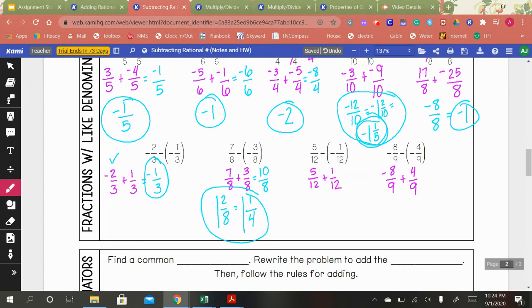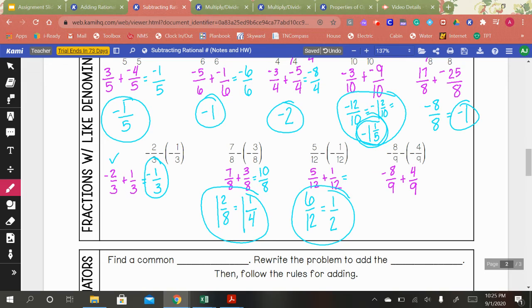Okay, next problem. I have 5/12 plus 1/12 is going to be 6/12, which is the same as 1/2. Positive plus positive is a positive. All right, very last problem with like denominators.